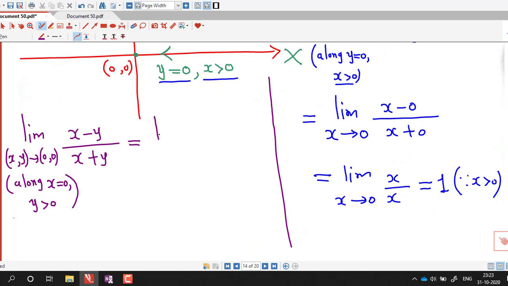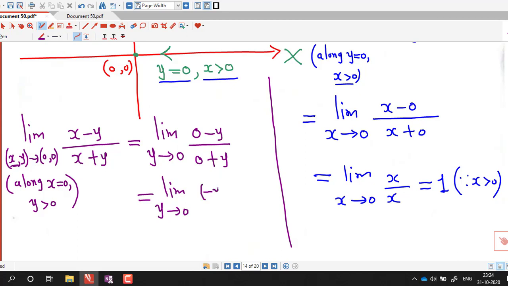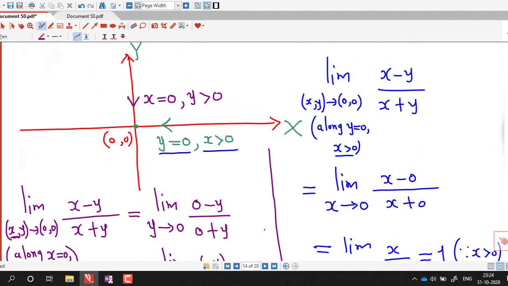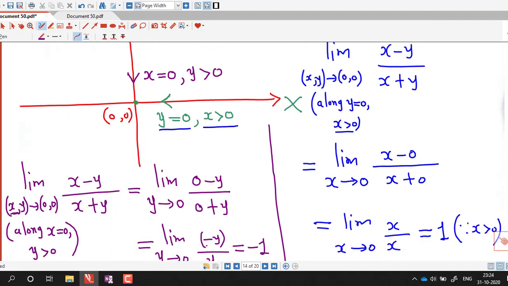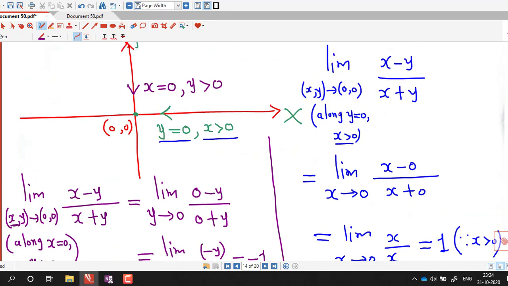So along this path we have to put x equal to 0, and the limit is converted in terms of y. So this is (0 minus y) over (0 plus y). So this is now limit y tending to 0 of minus y over y, but y is positive, so the limit is minus 1.